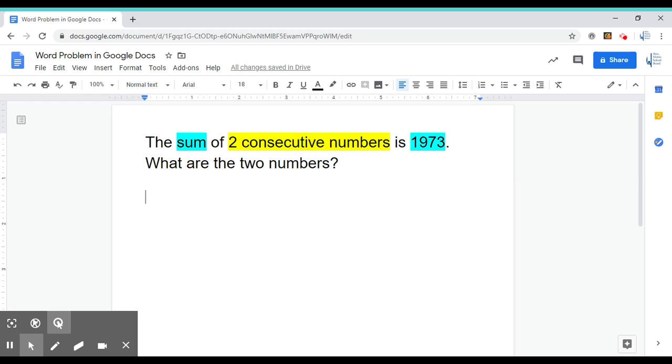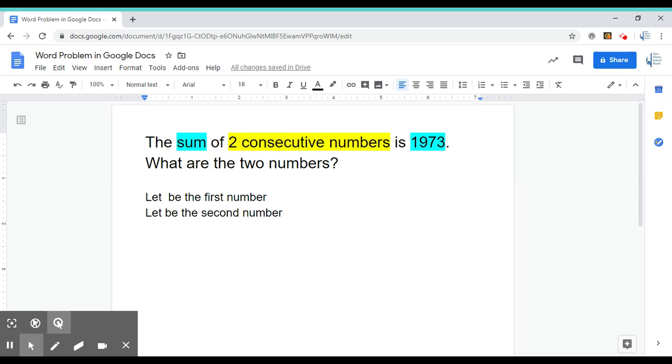So it does say what are the two numbers. So we are missing two numbers. So I'm going to let something be the first number. And I'm going to let something else be the second number.